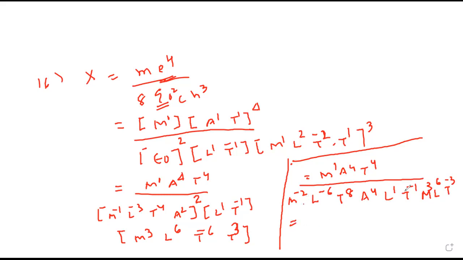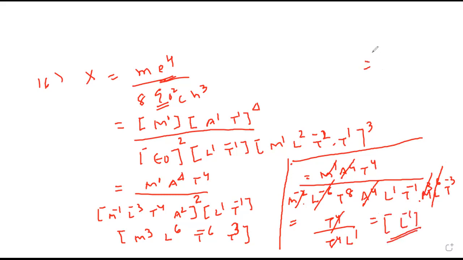M minus 2 M3 is M1, so this will get cancelled. A4 gets cancelled. L raised to 6 and L raised to minus 6 cancelled. Minus 3 minus 1 is minus 4. So T raised to 4 and T raised to 4 cancelled. So we get L raised to minus 1 as the final answer.